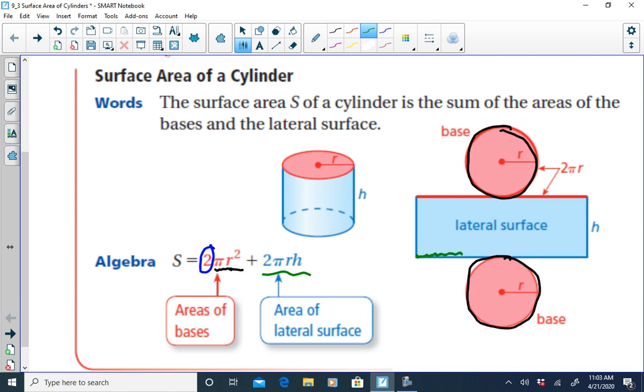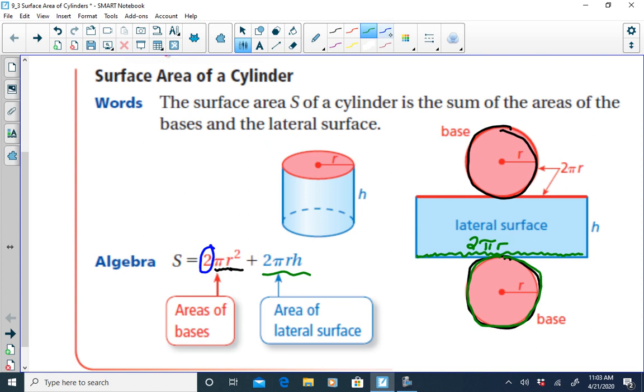Well, the base of the rectangle is this green section here that I just underlined. That green section is equivalent to the circumference of the circle, and we know that distance is measured by 2 times pi times r, or pi times diameter, whichever one you want to use.